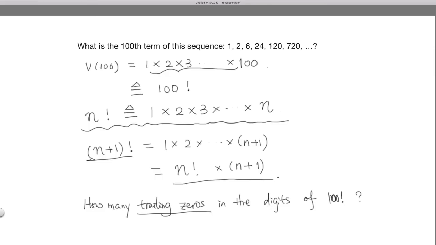This is a very interesting problem, and we can talk about it in a later lecture. That's the end of this lecture.